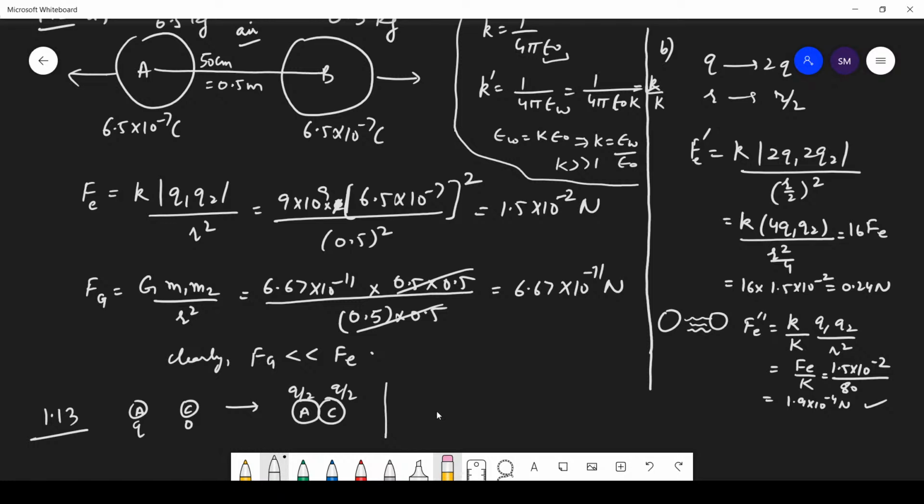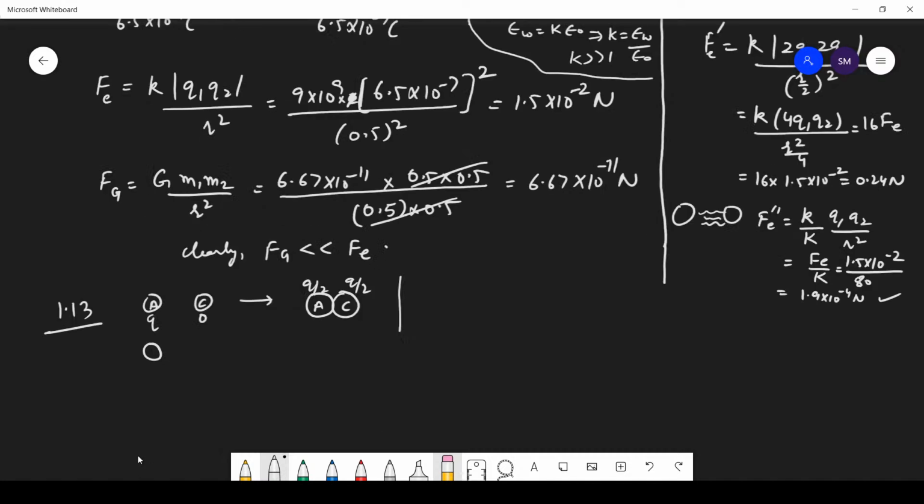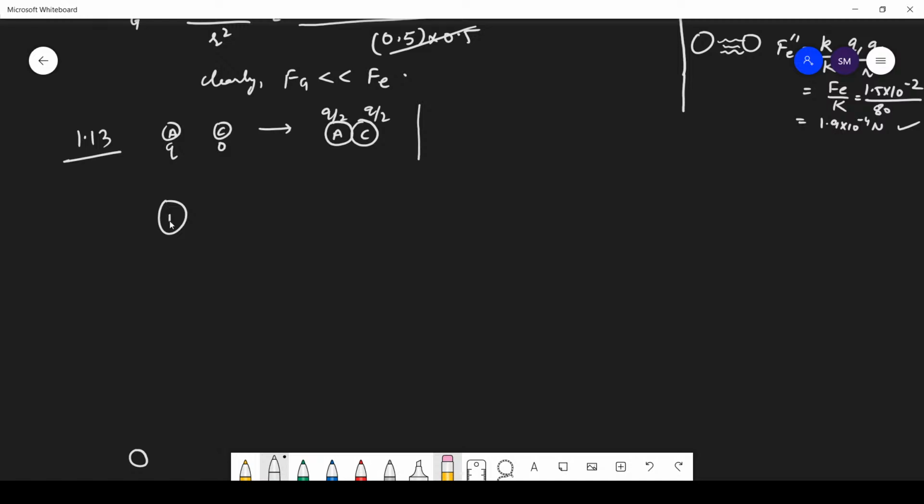Now we have touched B with C. This is your B charge, this is your C. What is the charge on B? Charge on B is Q. What is the charge on C? Charge on C is Q by 2.